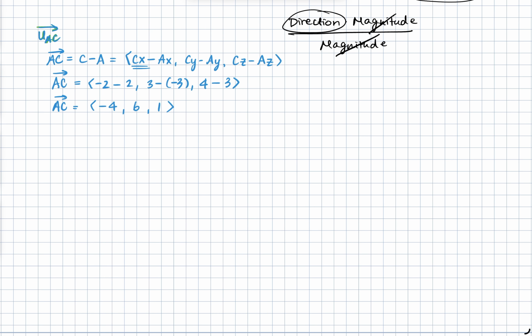Now we have something that has both magnitude and direction. But we only want direction because we want the unit vector. And that's something that's unitless. So what we're going to do is find the magnitude and divide it from this vector.